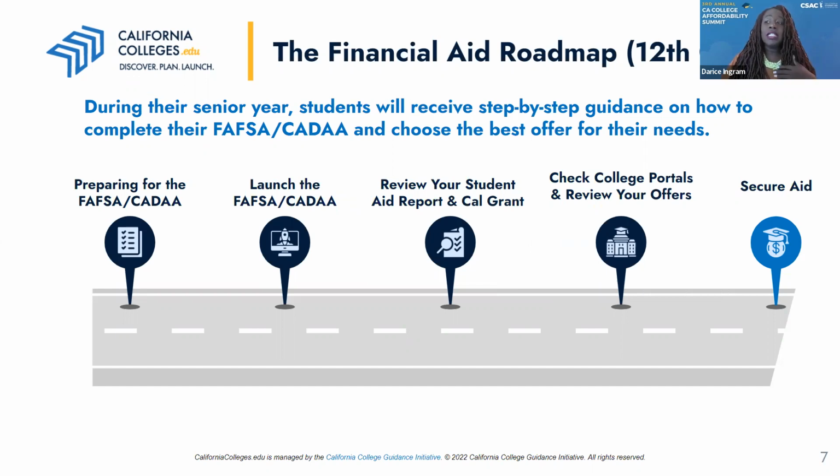Most importantly, these modules really help our students understand if they should be completing the Free Application for Federal Student Aid, or the FAFSA, or the California Dream Act application.